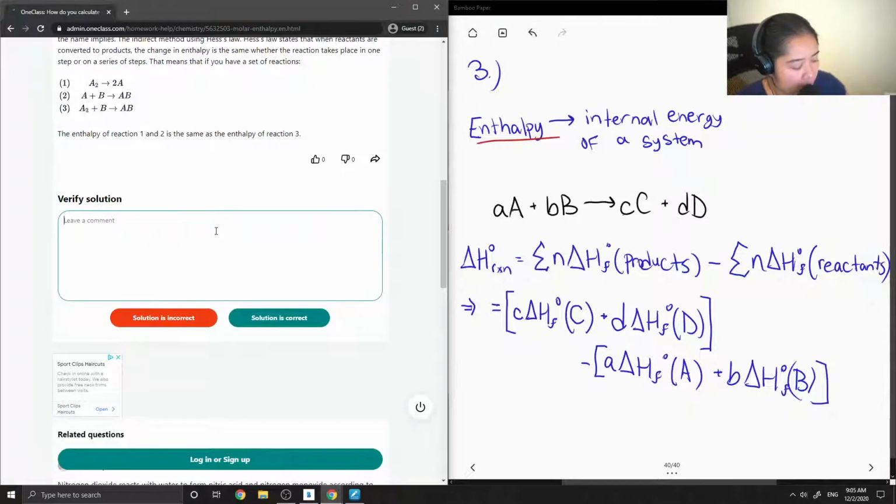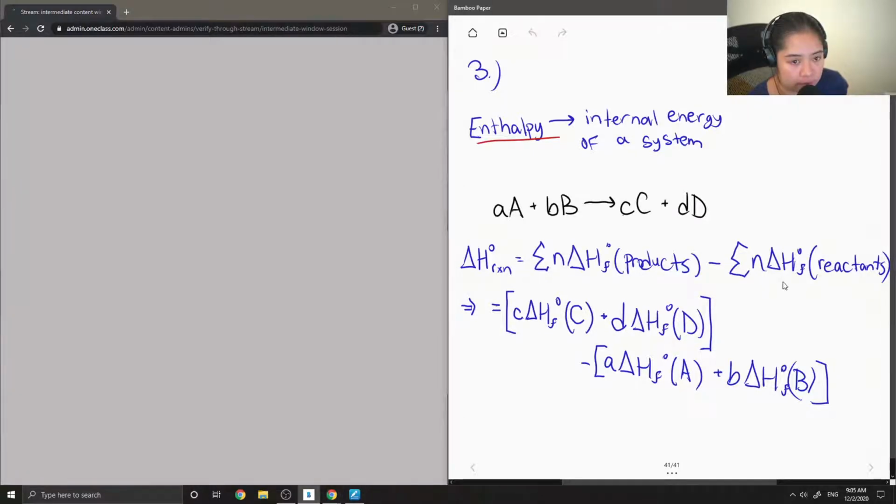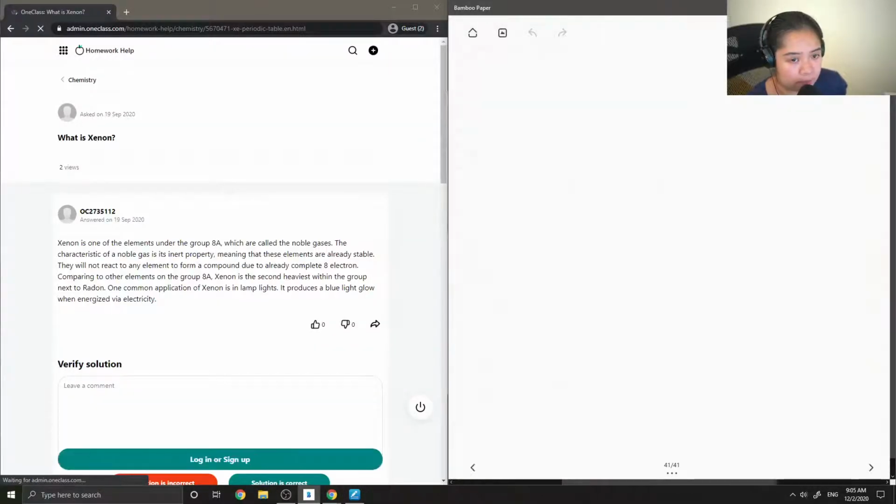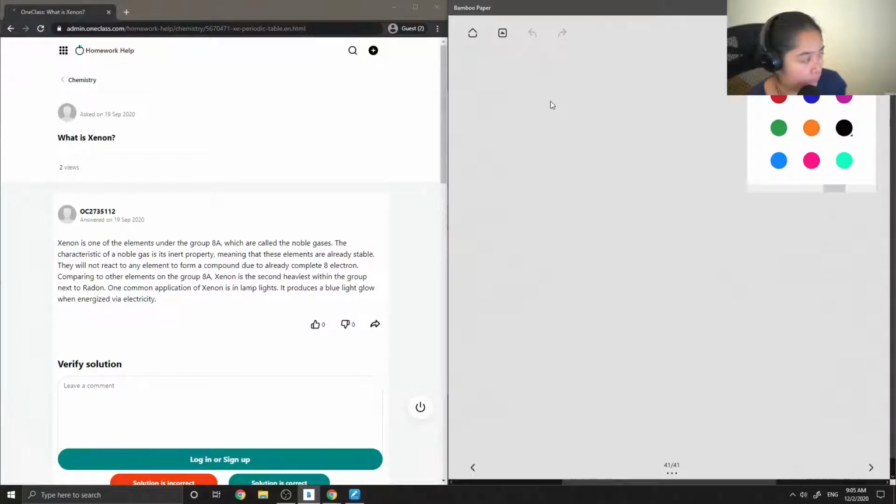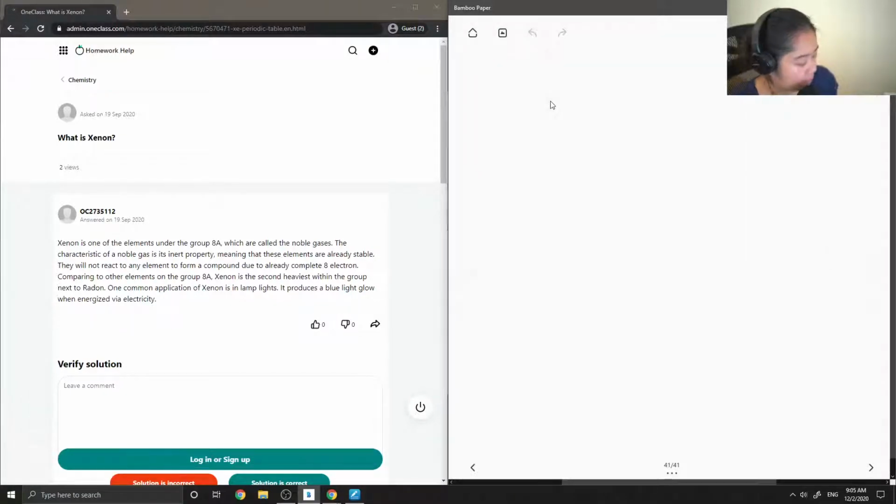Yep, so I'll just verify that this solution is correct. Okay, so question 4 just asks, what is xenon?